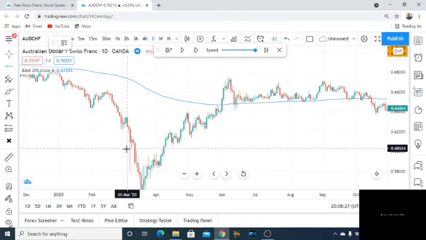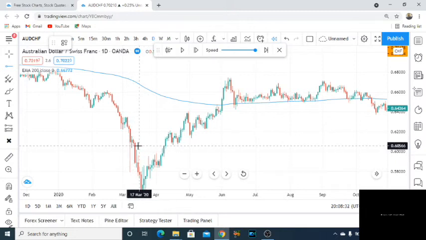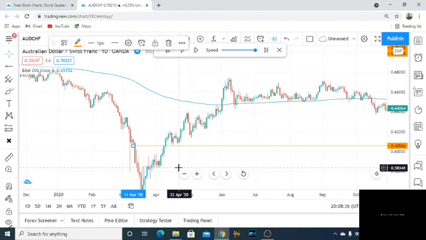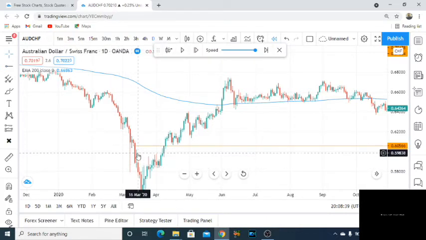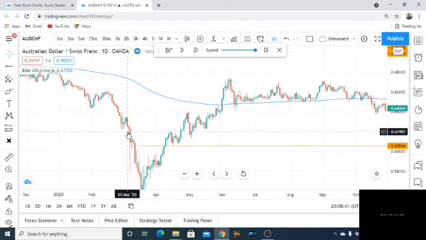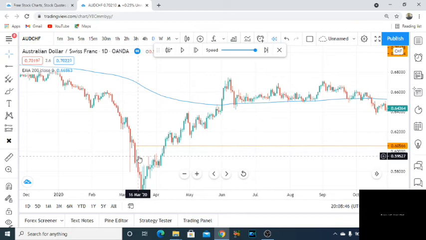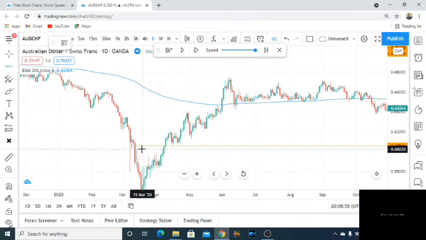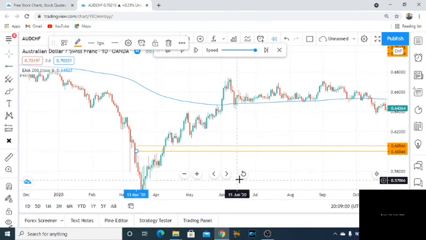In order to spot an imbalance, we mark from the tail of this candle, this small candle. We put our horizontal line on this tail, and we're also gonna mark the tail of this candle where the buyers were at.